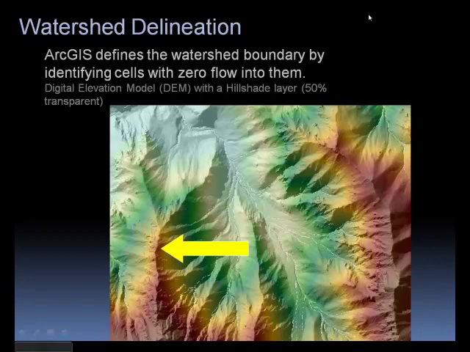So how does GIS identify where a watershed is? You can calculate something called a flow accumulation raster, which identifies how many cells are upstream from any given cell. And cells that have 0 upstream cells, or 0 cells with water flowing into them, mark the drainage divide. So if you look here, we're going to zoom in on this area right here.